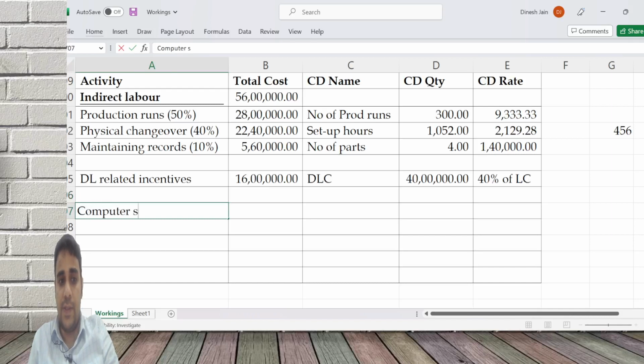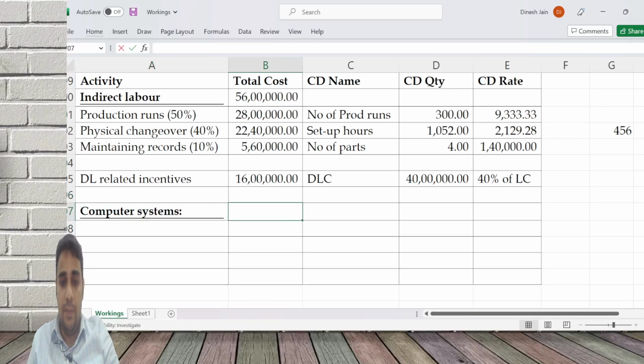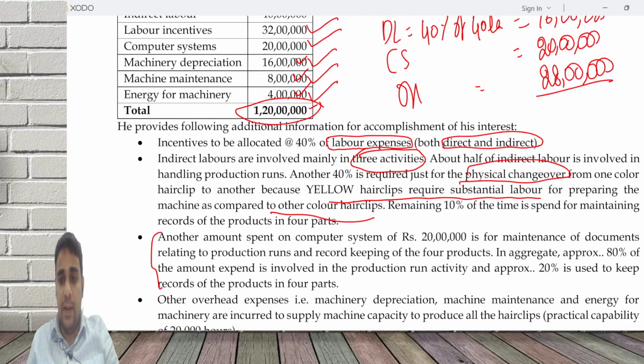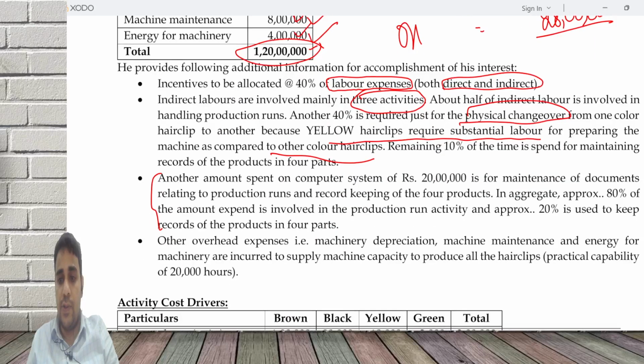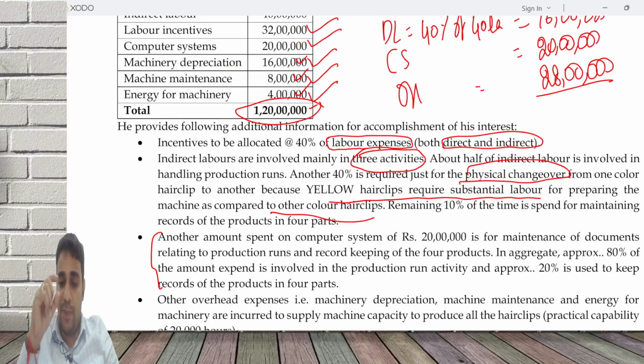Then computer systems. This will also be broken down further. Computer systems is 20 lakh. I'll have to break this down further, for maintenance of records relating to production run and record keeping. They are saying 80% of the time is based on production run, and the balance 20% is for the record of product in four parts.